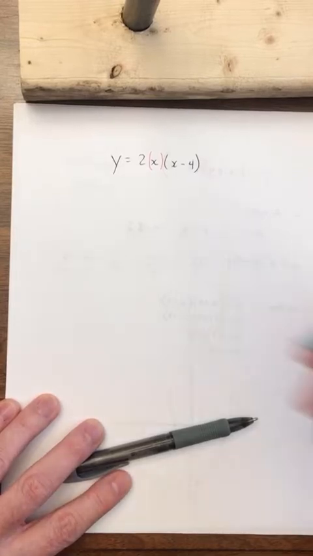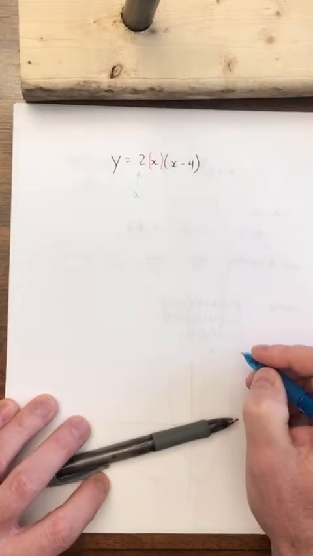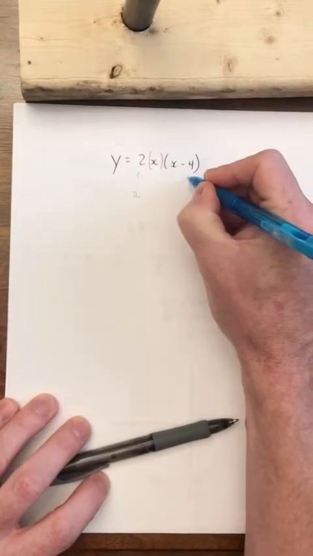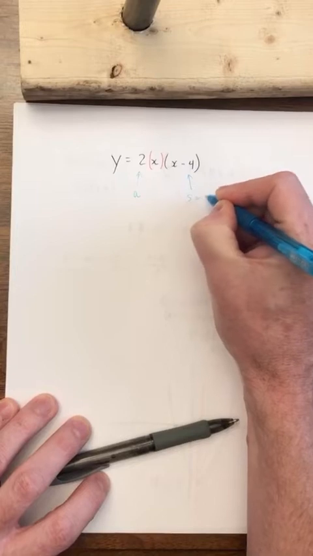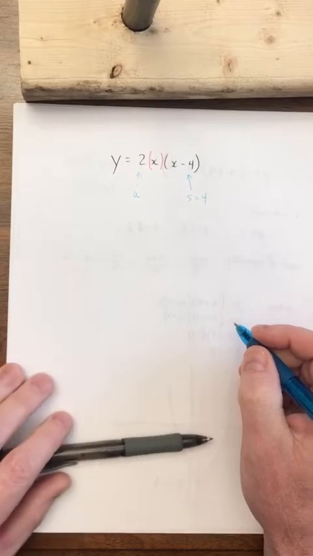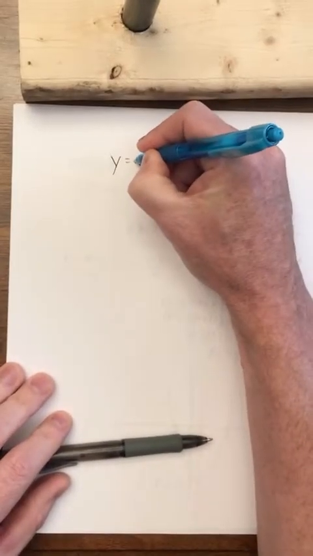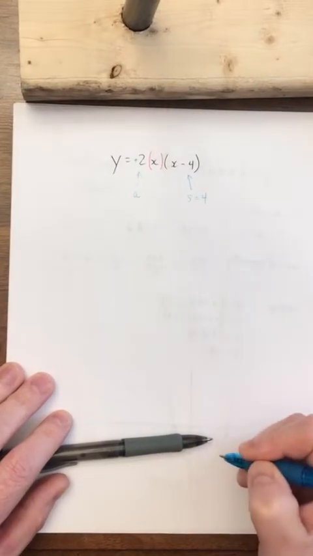So we here have an a value of 2. We have an s value of 4. We know it's going to cross the x-axis at 4. We know we're stretching by 2. We know that we are opening upwards.